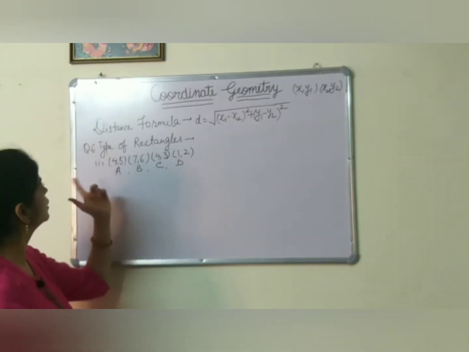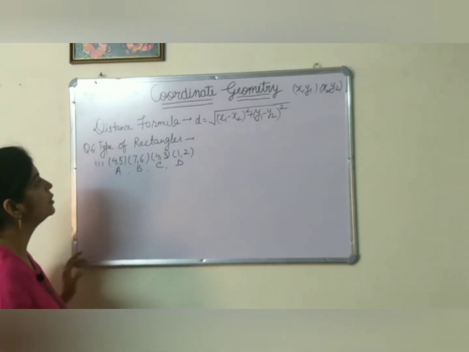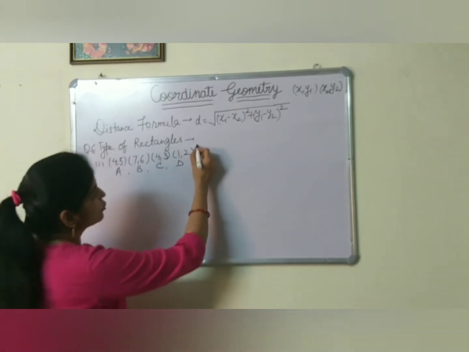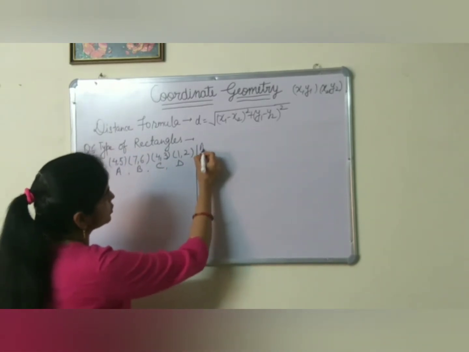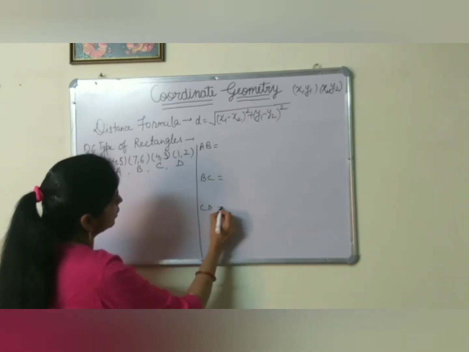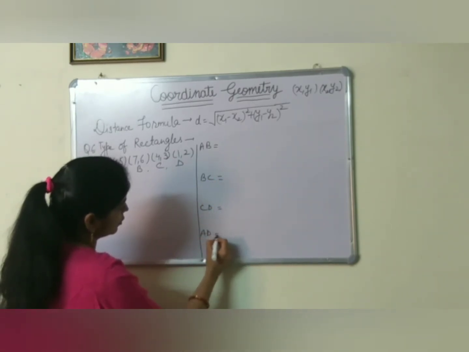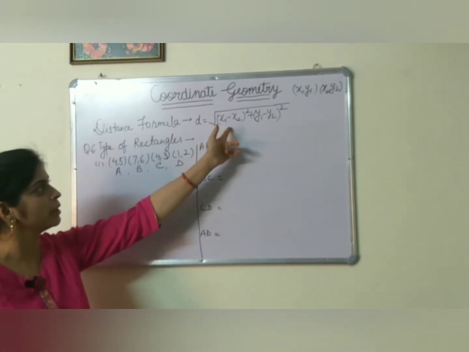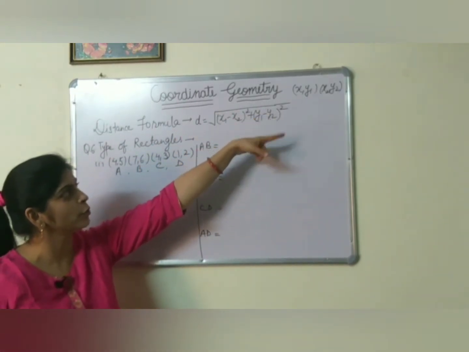Next question is, we have to find out the type of rectangle, and here the 4 points are given, A, B, C and D. First of all, we will find out all the four sides, AB, BC, CD and AD. First is AB, we are using the same formula, the distance formula, that is under root of x1 minus x2 whole square plus y1 minus y2 whole square.